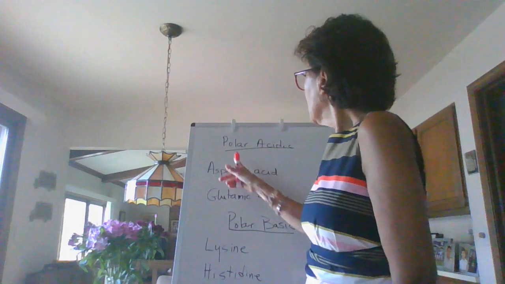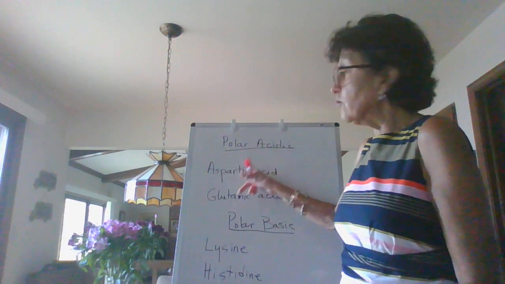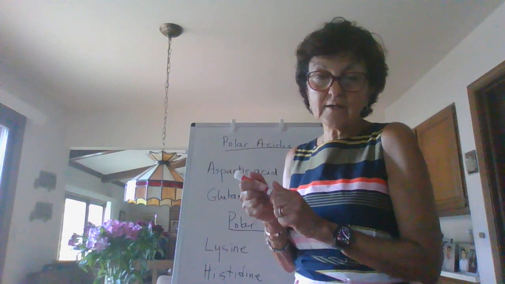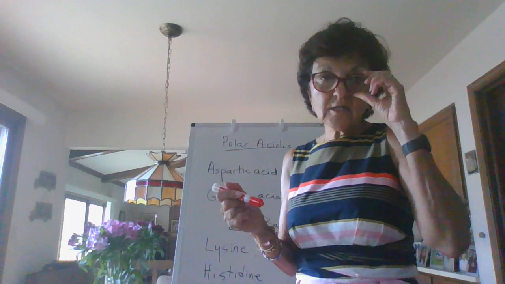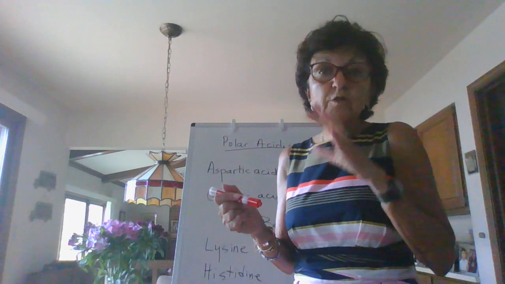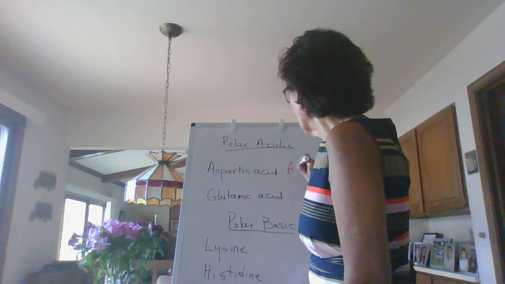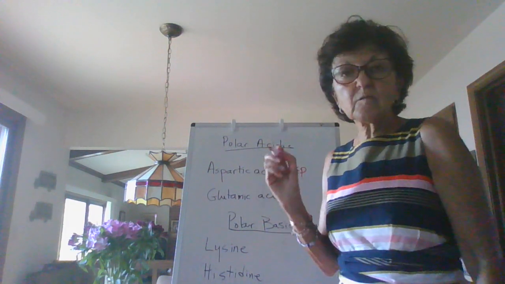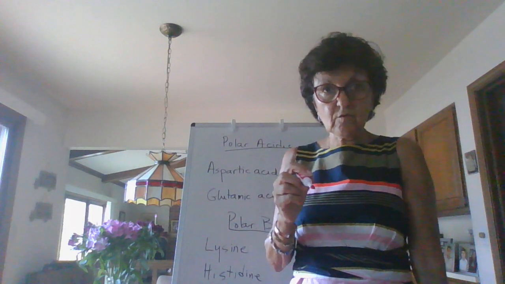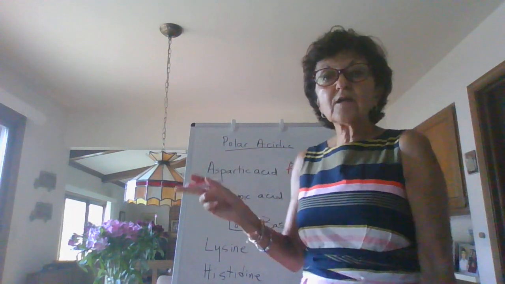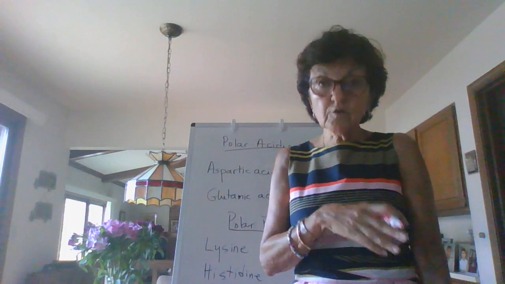All right. In the polar acidic category, we have aspartic acid, not to be confused with asparagine, because remember, asparagine was polar neutral. Aspartic acid is ASP. Asparagine was ASN, remember that? And then there's glutamic acid, again, not to be confused with glutamine.